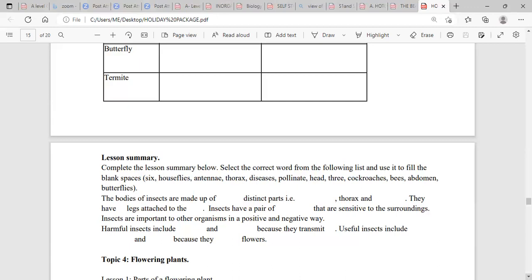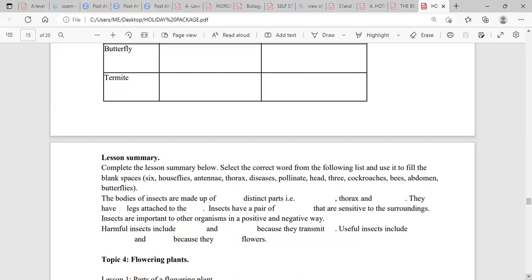You can look at the lesson summary down, and you are required to select the correct word from the following list and use it to fill the blank spaces below. Some of the words can be used twice or more than once. So look at the lesson summary below. Bodies of insects are made up of dash distinct parts, that is, fill in.